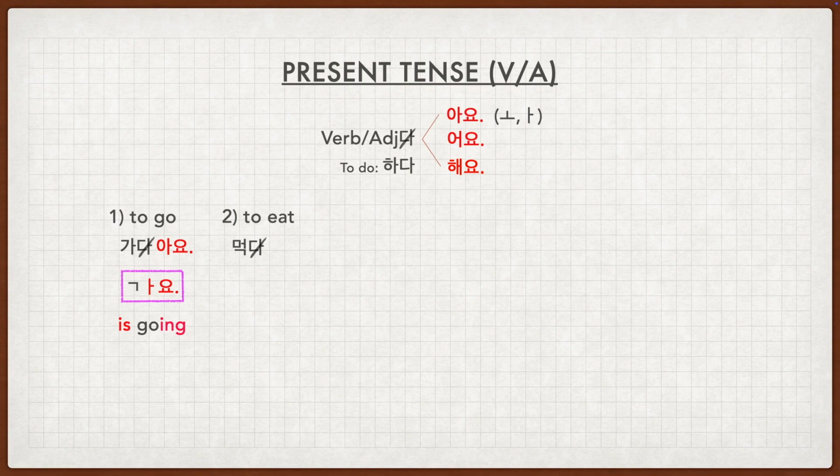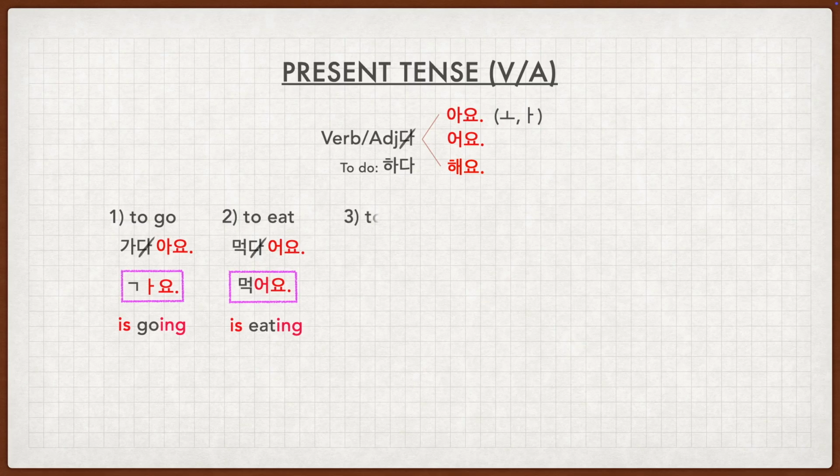No matter whether it has a below consonant or not, just please check which vowel it used. So this time we should take 어요. After we take the tense, we have to check whether we can combine or not. But when it has a below consonant, we cannot combine the vowels. Is eating, 먹어요.